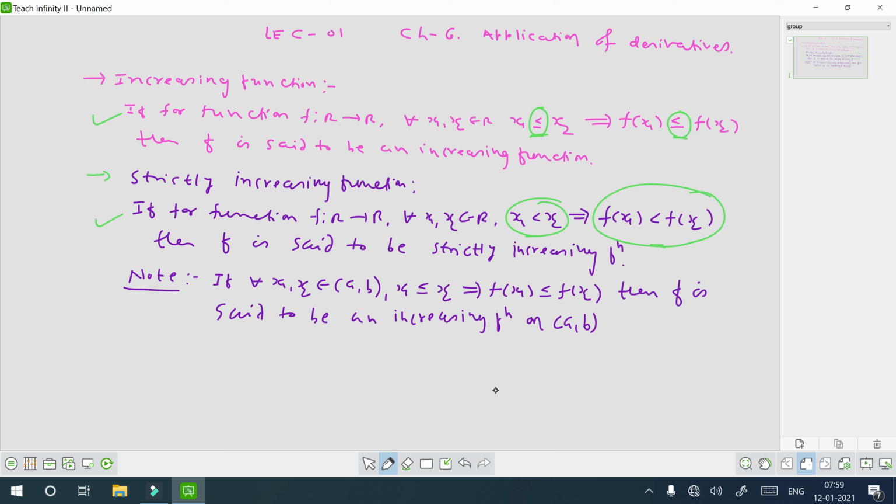Clear? This one is for real valued function from R to R. Here for open interval. Same thing, next note.